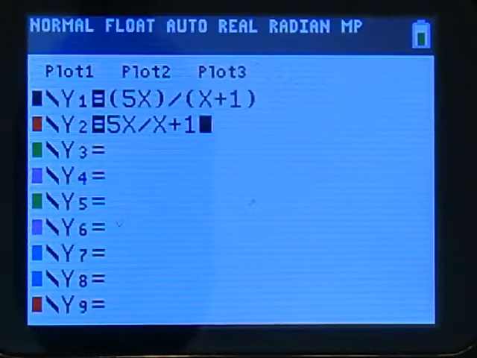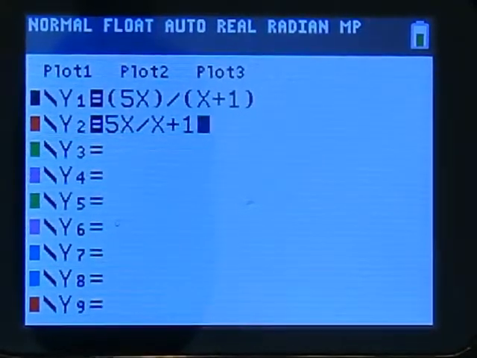The top way is correct, where I've put the numerator in parentheses and the denominator in parentheses. The bottom one is not correct. Especially the denominator needs to be in parentheses here, and I want you to see that the answer we're going to get is going to be different. So let's take a look at those with graphs.